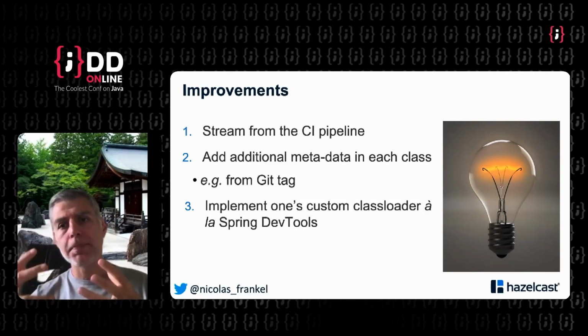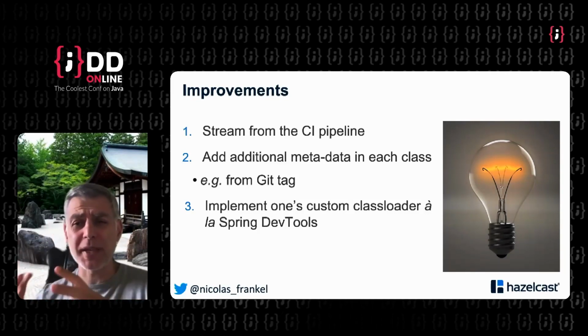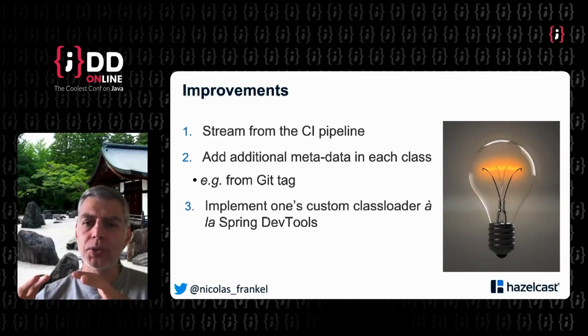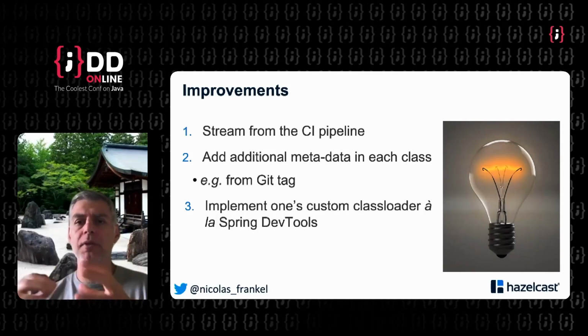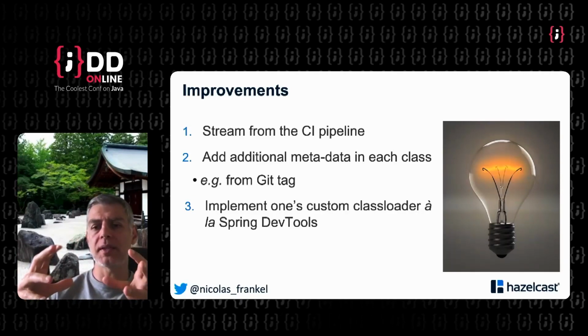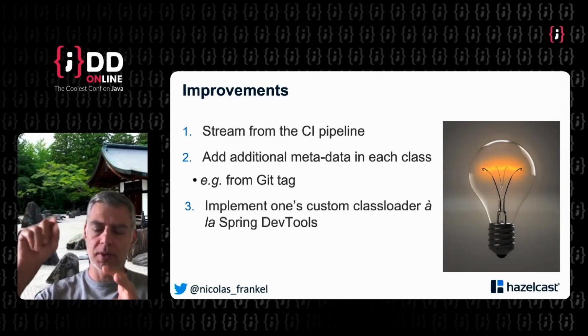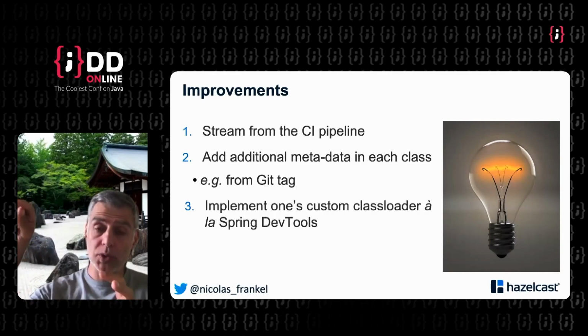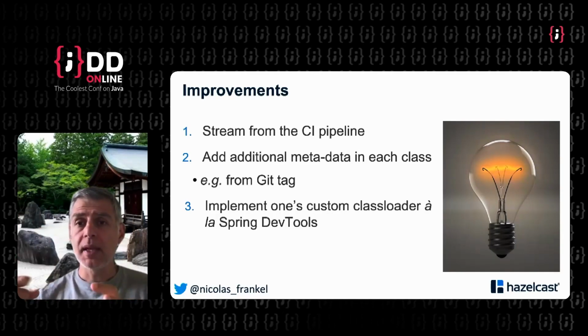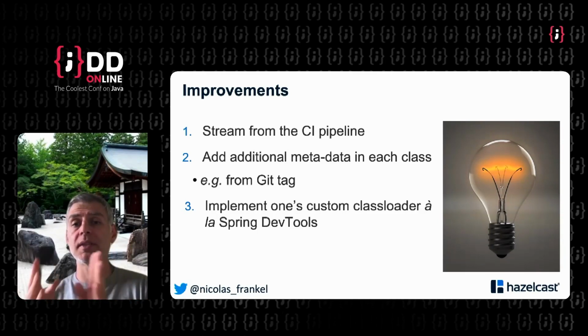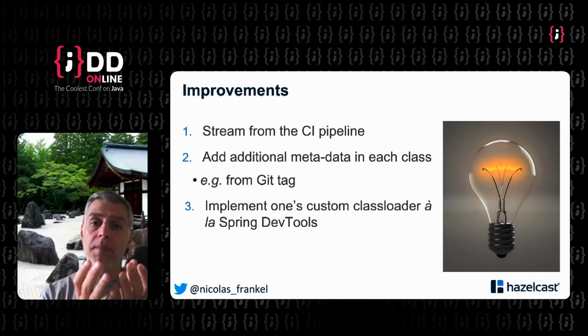And finally, to bypass the limitation of the Redefine Classes method, what I could do is to have a specific, custom class loader. If you have been using Spring DevTools, you know that it allows you to make changes to your code, which is running on your machine, and if there is an incompatible change, instead of restarting the whole JVM, it just discards your code, because your code has been loaded in a dedicated class loader.